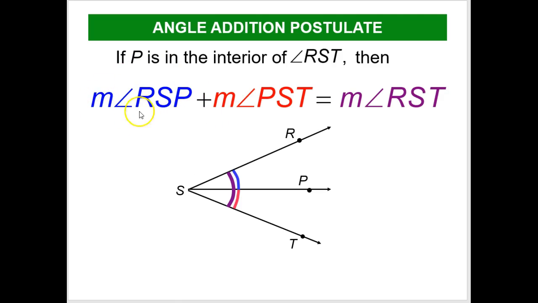Then RSP, so this blue one right here, and the red one, PST, so this little one on the bottom, is equal to the whole thing, RST, or TSR. That seems kind of easy, right? Just like really logical? I think so. So the two little angles that make up the big one make up the big one.